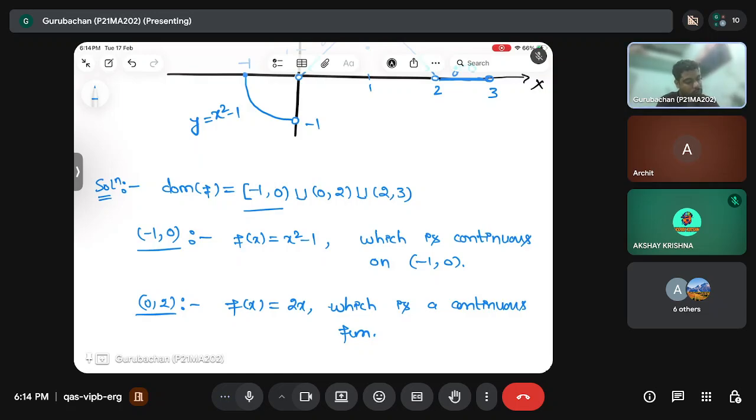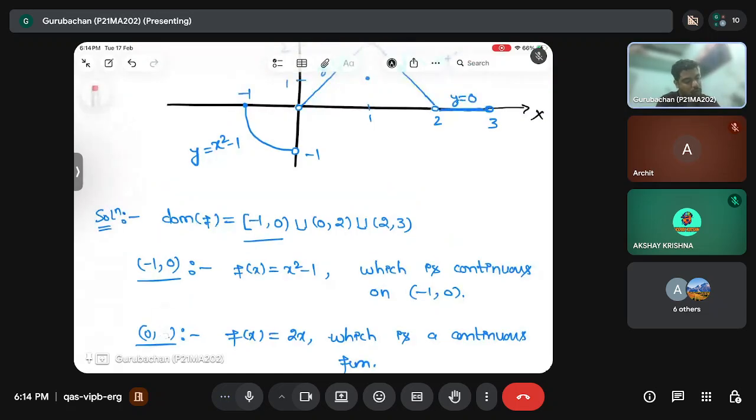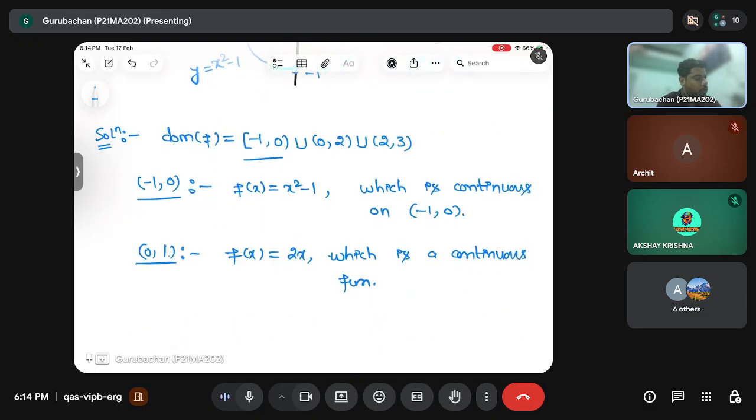Okay. So we are separating the cases for which the function is changing. So it is a continuous function on 0 to 1. Although it is a continuous function on the whole real line, we are talking only about our given particular domain.